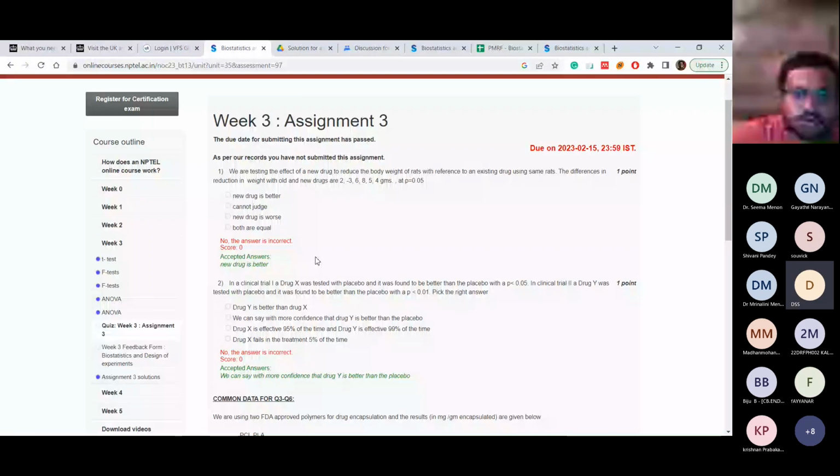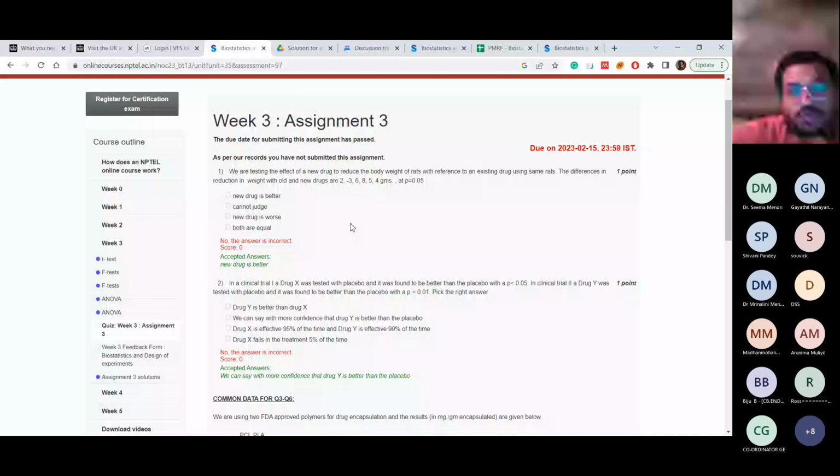Sir, using the understanding of the question, we are testing the effect of a new drug to reduce the body weight of rats with reference to an existing drug using the same rats. So does this question justify that we have to check with a 2-tailed or a 1-tailed t-test level of significance?